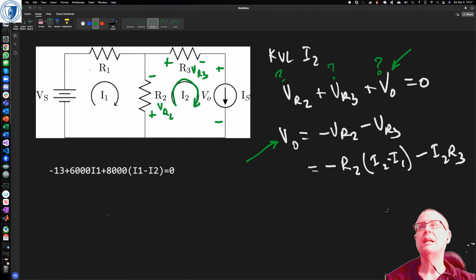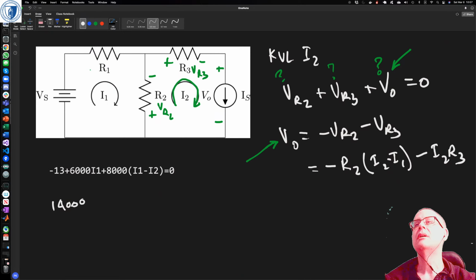Right, so that means that it's 14,000 I1 equals 13 plus 8,000 times 0.0007.